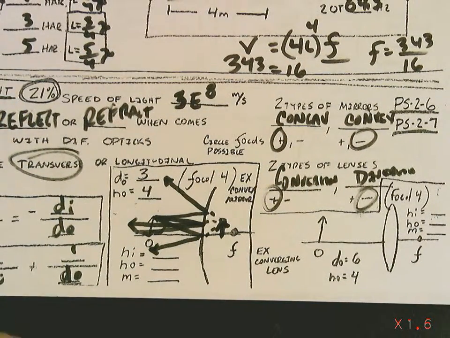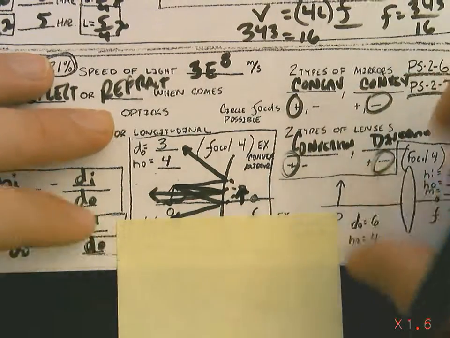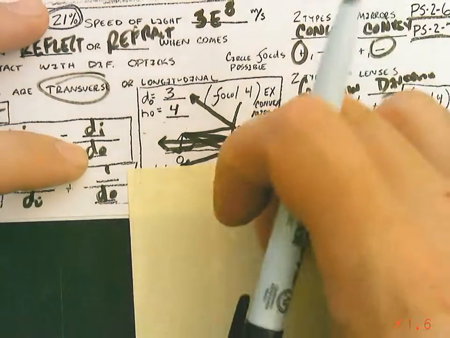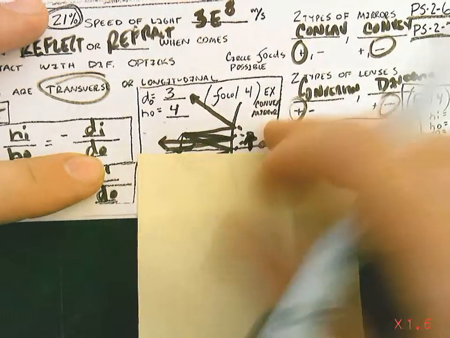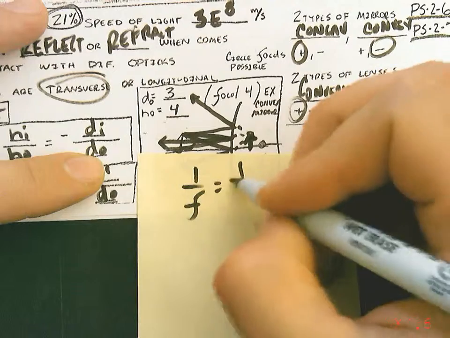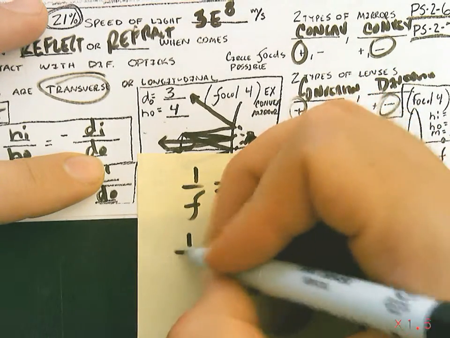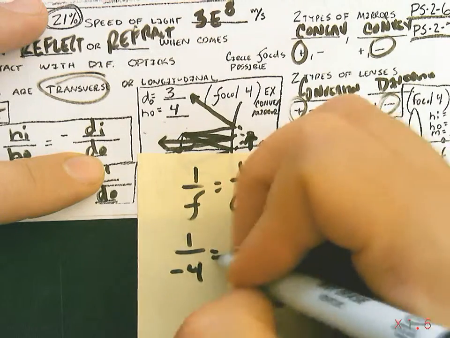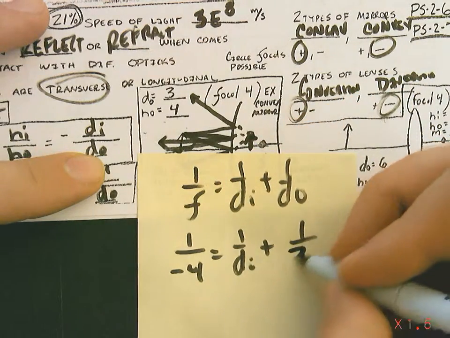If we want to find all our stuff, probably better just to do the math. Was the focal given? Focal 4. Alright, so negative 4. 1 over f equals 1 over di plus 1 over do. So I have 1 over negative 4 equals 1 over di plus 1 over do, which is 1/3.